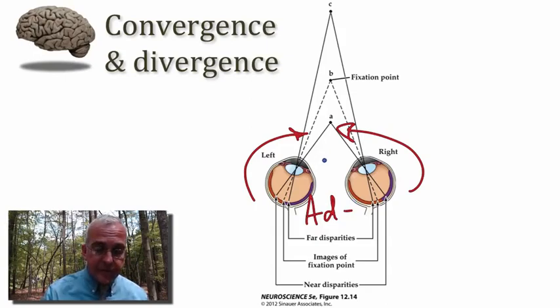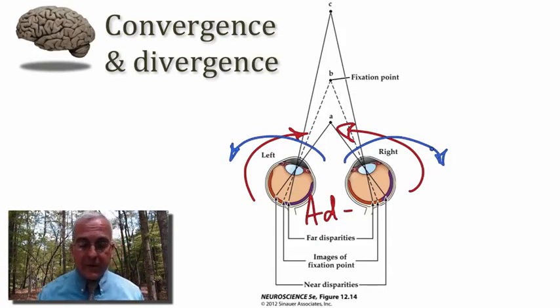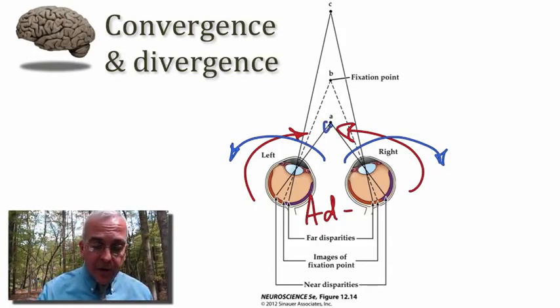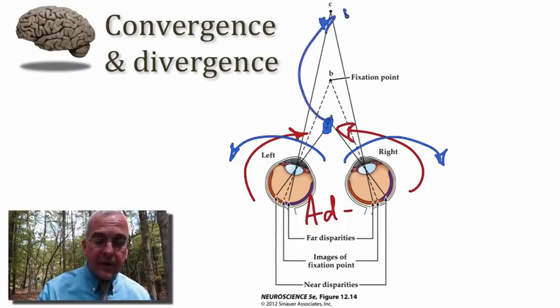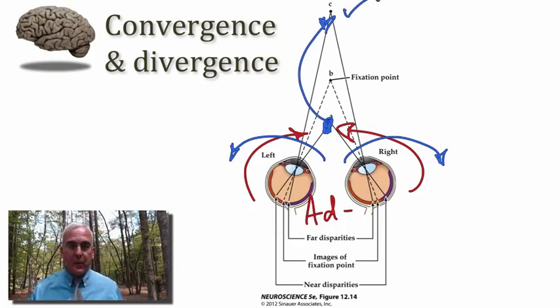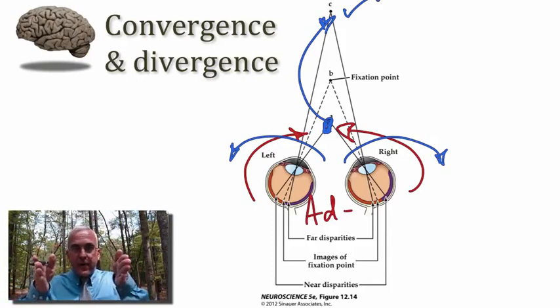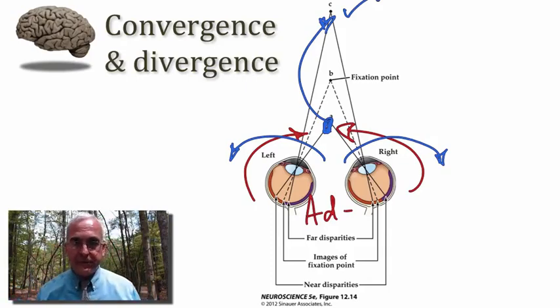So divergence is going to cause the left eye to rotate to the left and the right eye to rotate to the right. This will bring our point of fixation from point A out to some distant target, point C. Okay, so going from near to far involves divergence.